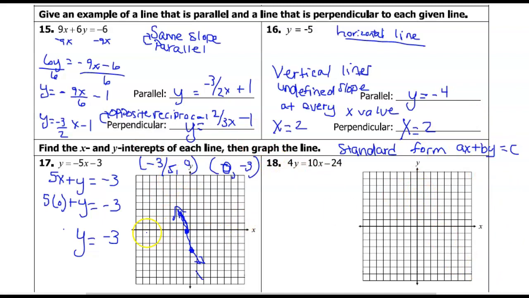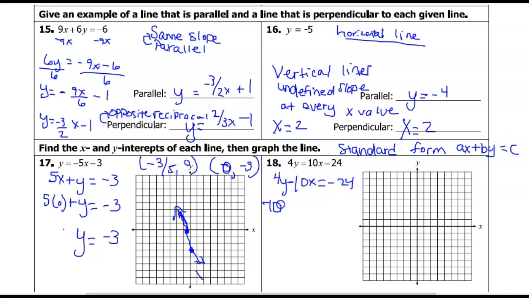The next one, guys, they have the equation. They tell us to find the x and y intercepts. I'm going to put it in standard form. So I want to move my x over. I'll have 4y minus 10x. Let me put my 10x in the front equals -24.